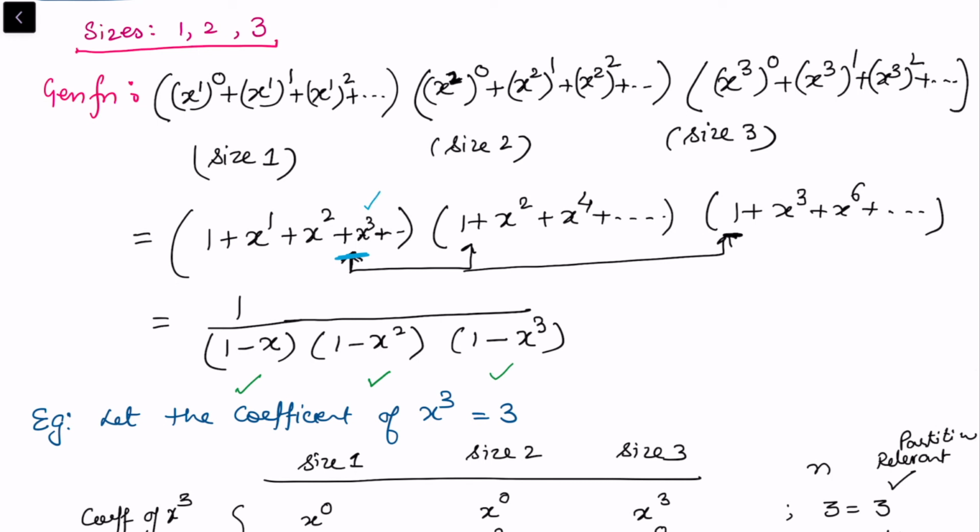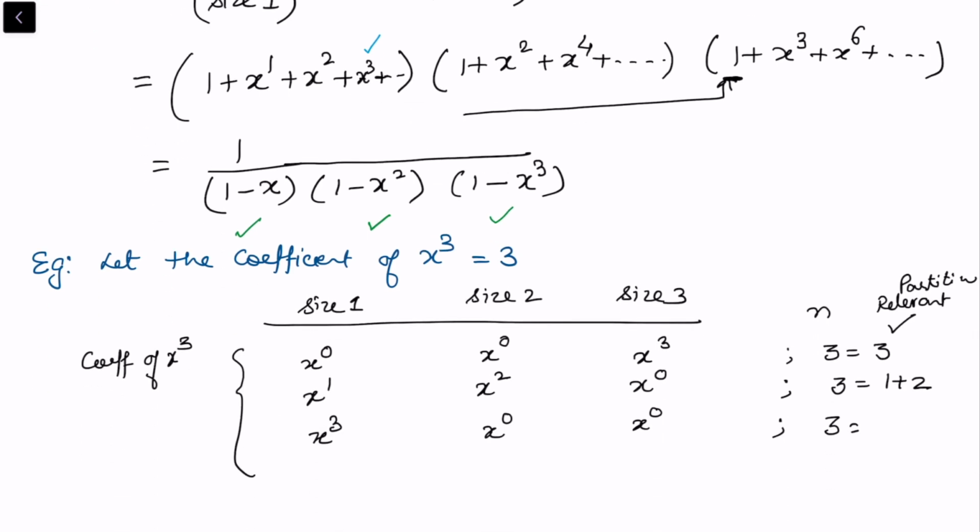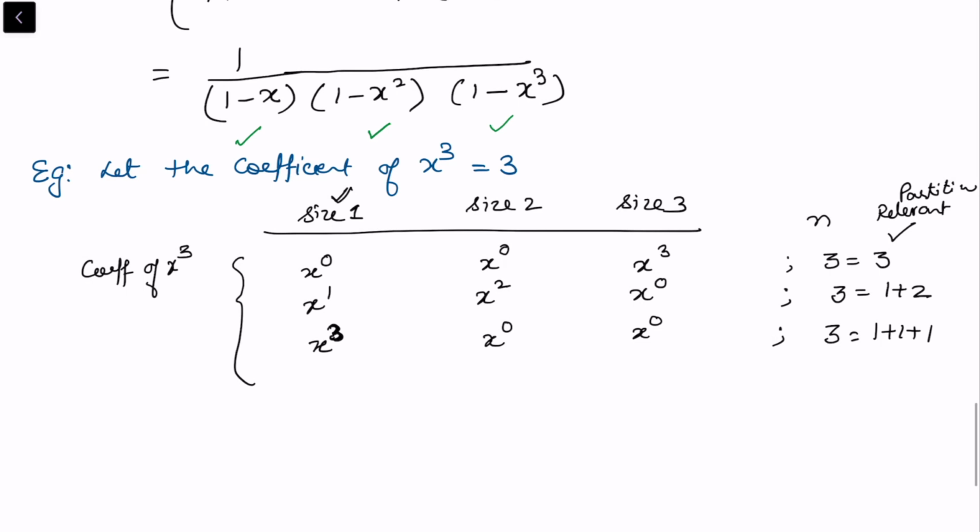It must have been taken from x1 appearing 3 times. So this is how we have taken it. So we write here 1 plus 1 plus 1 because it is using size 1. So size 1 is appearing 3 times. So this is the way we read the corresponding relevant partition, and we can also read the corresponding coefficients of the relevant size.